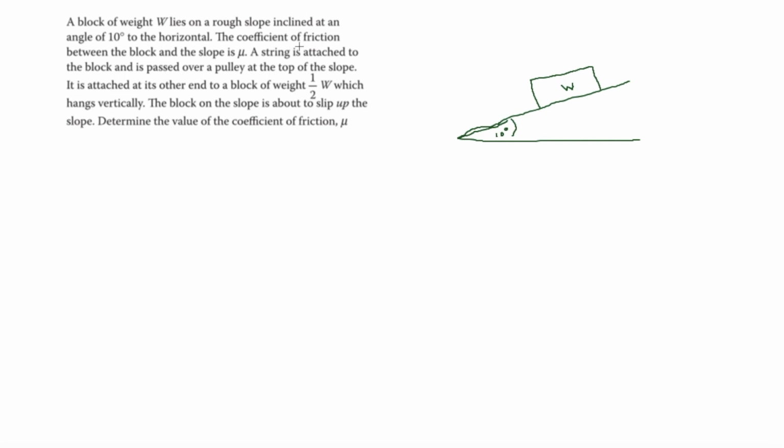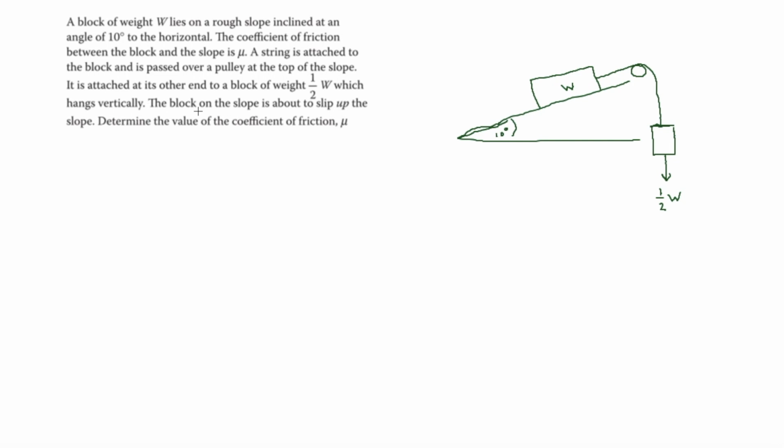So a string is attached to the block and is passed over a pulley at the top of the slope. So this time we have a pulley here, which is going to look a little bit like this. And then we have our weight here. It's attached at the other end to a block of weight a half W. So therefore that is going down there, a half W, which hangs vertically.